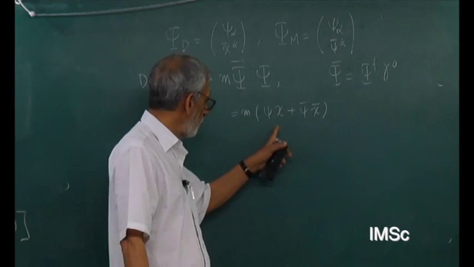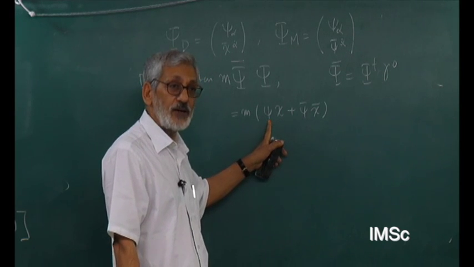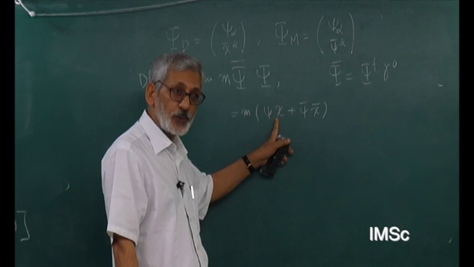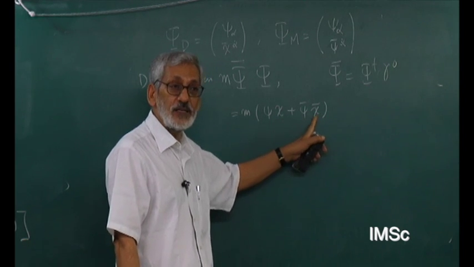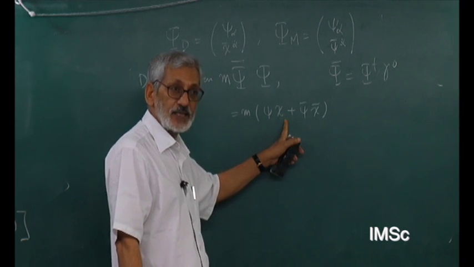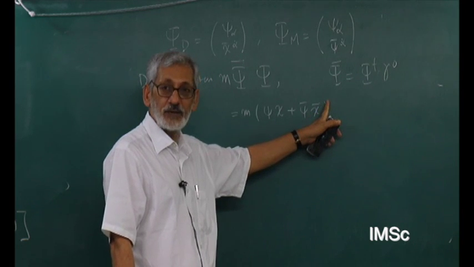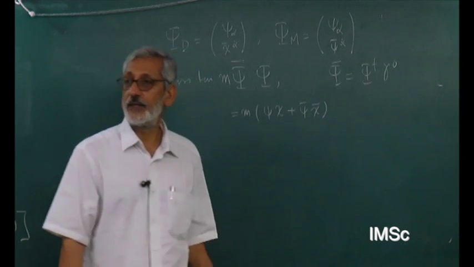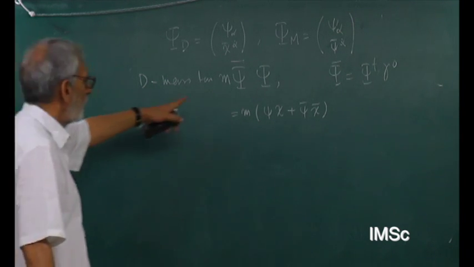A Dirac mass term is one 2-component fermion, a second 2-component fermion, both in the half-zero representation, and their complex conjugates in the zero-half representation, with alpha summed here and alpha dot summed here. That is the Dirac mass term in 2-component notation as opposed to 4-component notation.